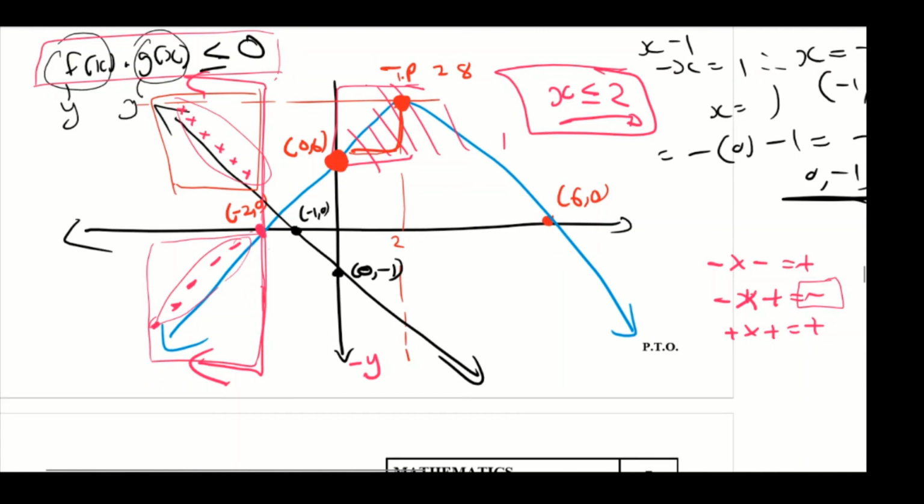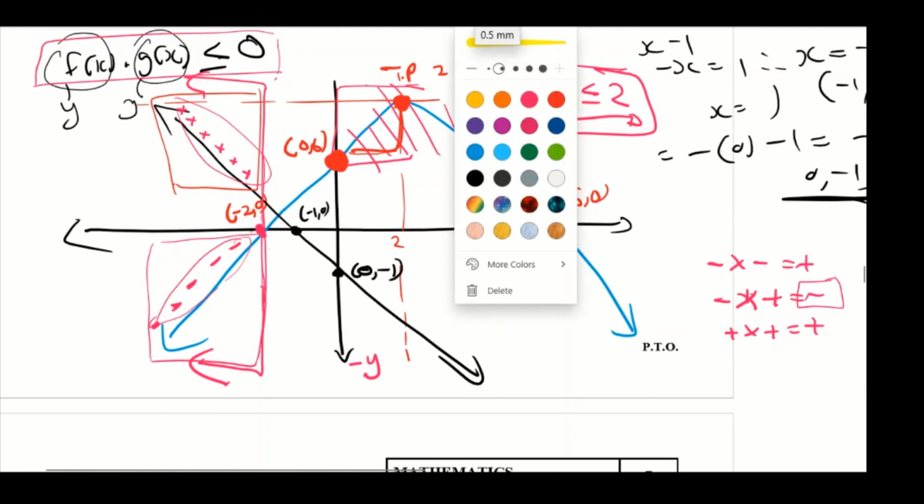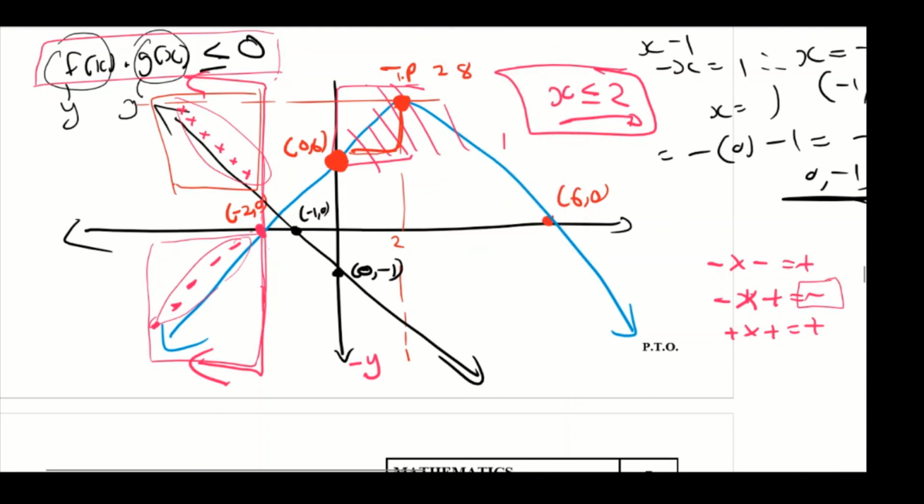And then where does that happen again? So we're going to have a look at the graph. At this point here, the y of g is negative. If you go to the graph of f that correlates with this straight line, the y's are positive at this point, just correlating with this portion here.